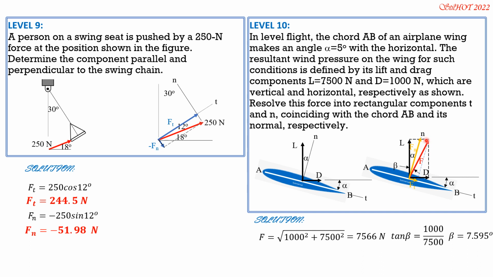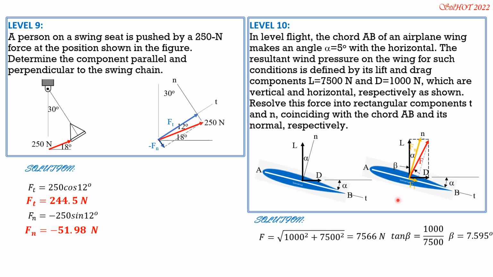Therefore, from this right triangle between Fn and F, the angle here is 7.595 degrees minus 5 degrees, so that's 2.595. So Fn therefore is F, or let's call this R.